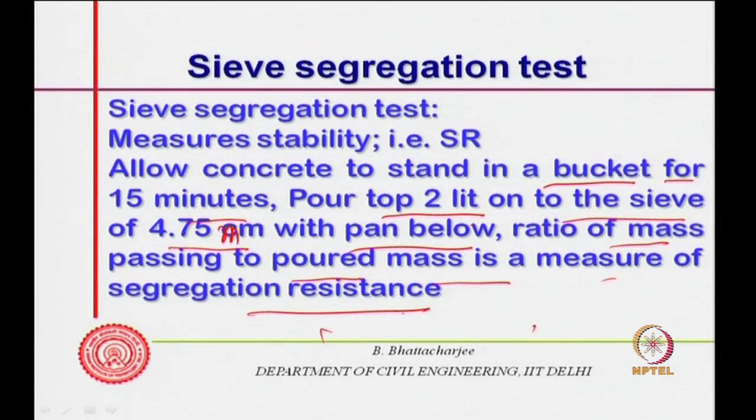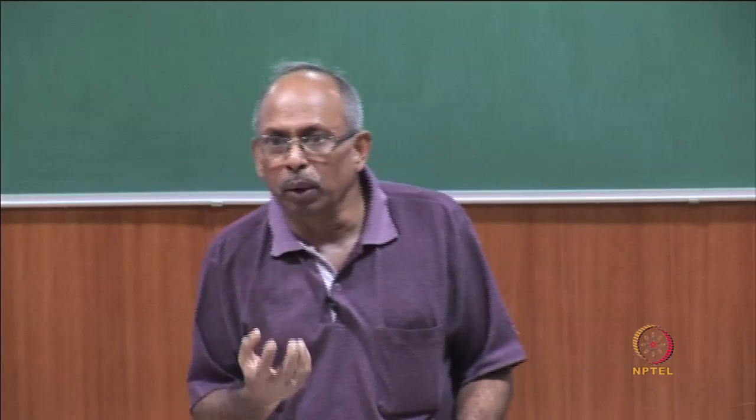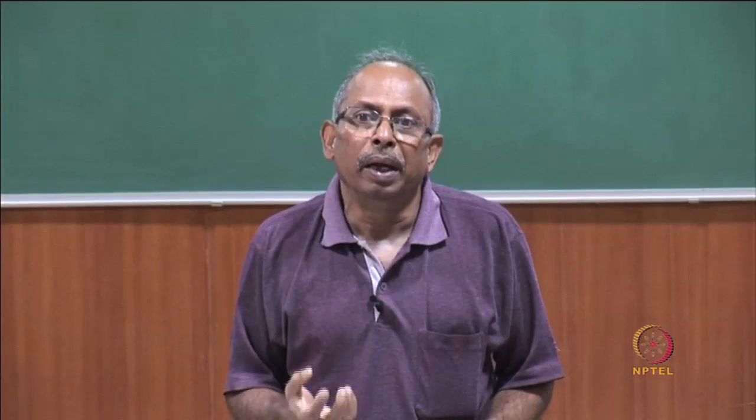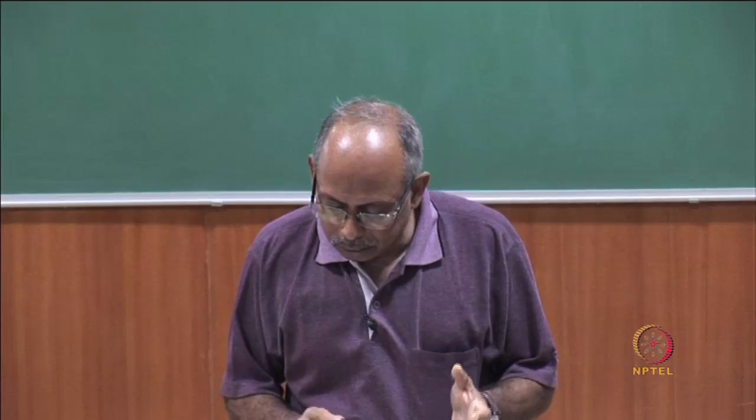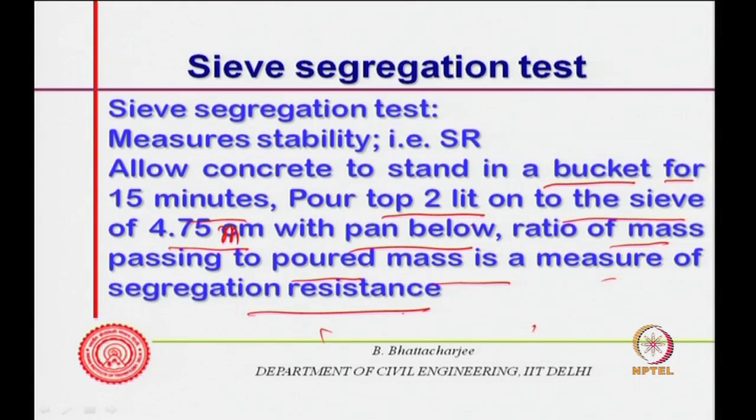You take the top 2 liter from the bucket, put it onto the sieve, and the amount passing through that sieve is a measure of segregation resistance, because you have kept it for 15 minutes.